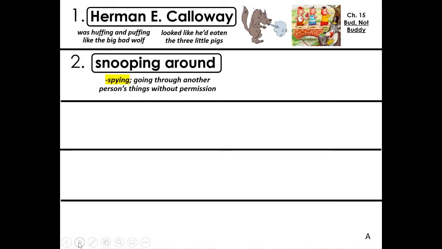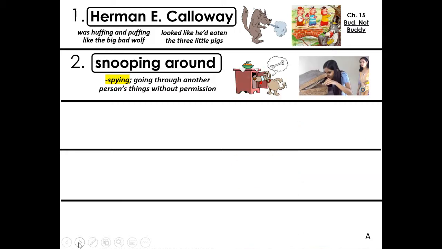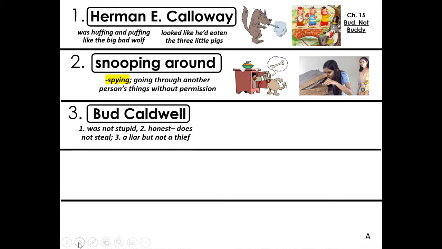Snooping around means spying, going through another person's things without permission. Number three, Bud Caldwell. Number one was not stupid. Number two was honest, does not steal. And Bud Caldwell, number three, was a liar, but not a thief.